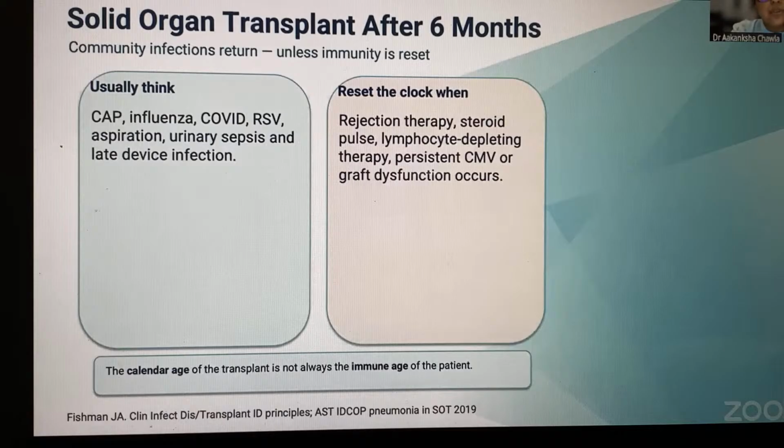So you would want to cover for community-acquired pneumonia, if there's an influenza or risk of respiratory syncytial virus, COVID infection, depending upon the presentation of the patient. And you need to reset the clock when the patient has a history of rejection therapy, pulse steroid use, lymphocyte depleting therapy, or a persistent CMV infection or a graft dysfunction occurs.